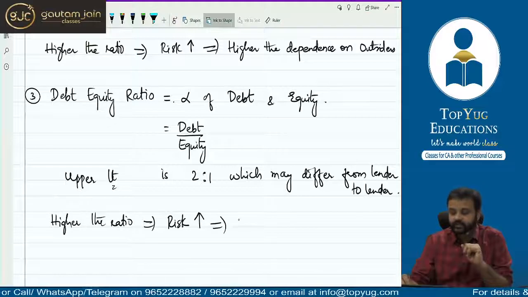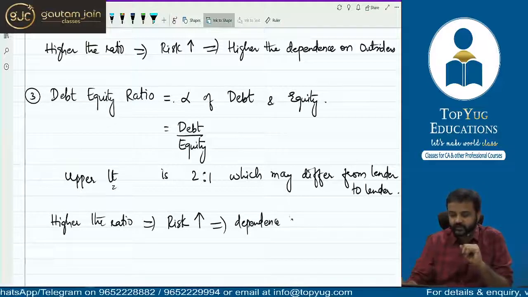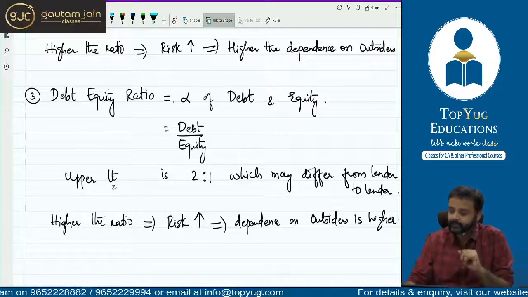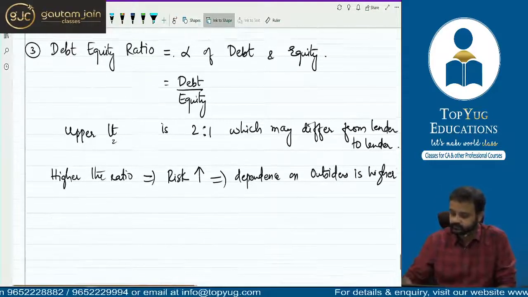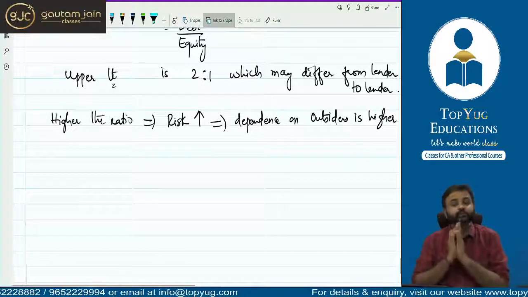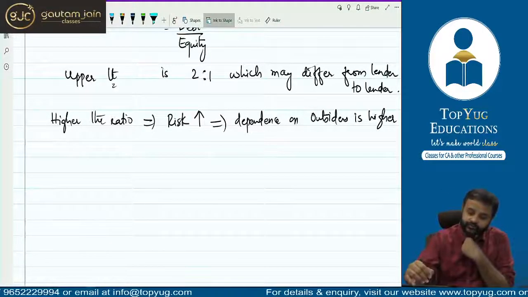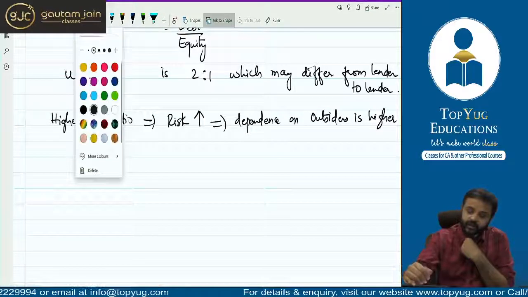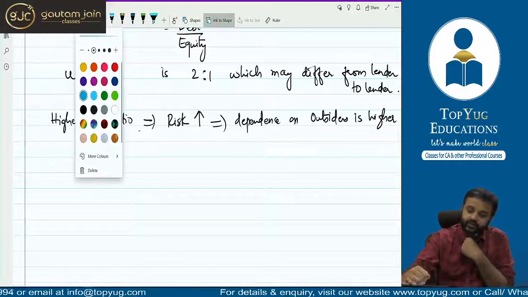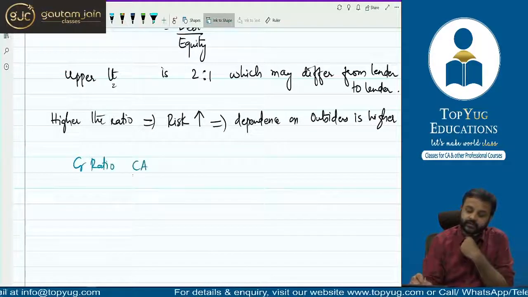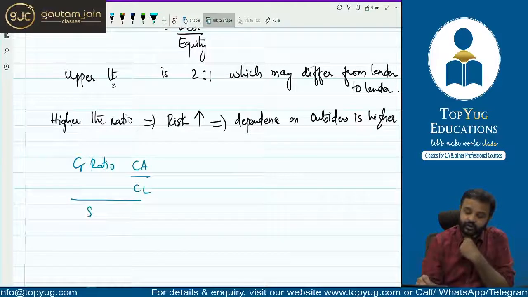Risk is more, that means the dependence on the outsiders is also higher. Followed, no? So kindly understand, when we talk about current ratio, we are talking about current assets and current liabilities, correct? This is nothing but short term solvency.